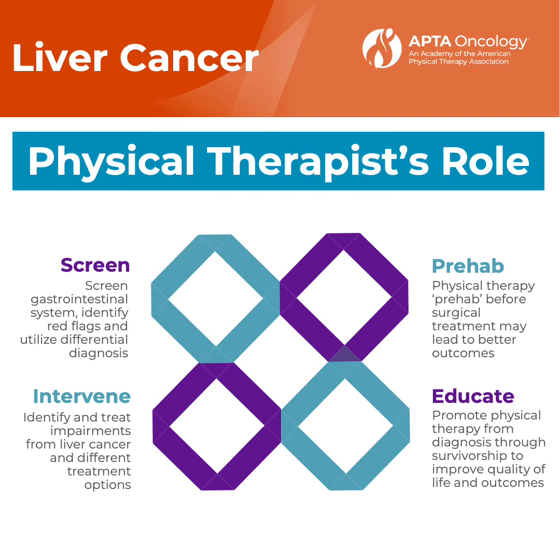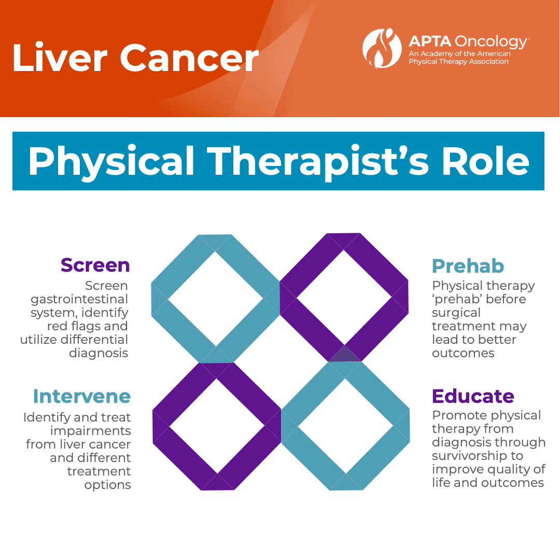Now that we have talked more about what liver cancer is, as well as its clinical implications, let's dive into the physical therapist's role in treating patients with liver cancer. First, our role is to screen.